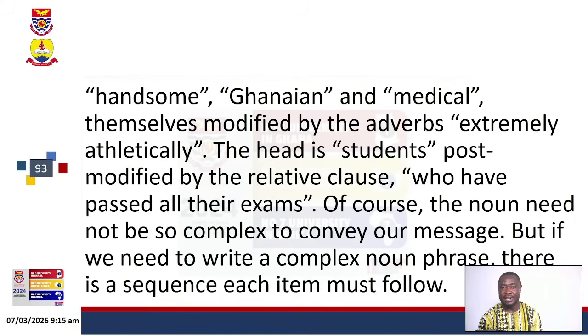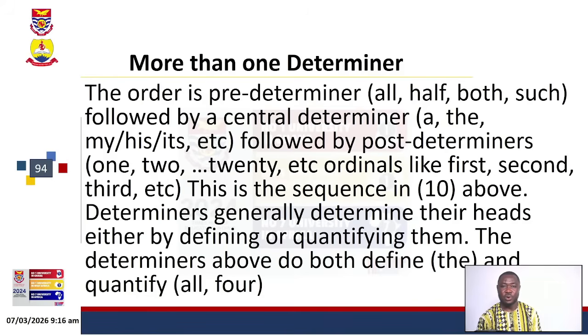Obviously, the noun phrase need not be so complex to convey our message, but sometimes we need it to be complex to be specific. But if we need to write a complex noun phrase, there is a sequence each item must follow. So we have more than one determiner. What is the order?